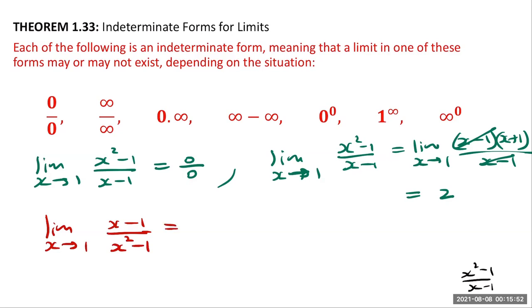Again, if you straight away try to plug in this number, you will get 0 over 0, which is an indeterminate form. Actually, in this case, the limit does not exist. So by cancellation law, you get 1 over x plus 1, right?